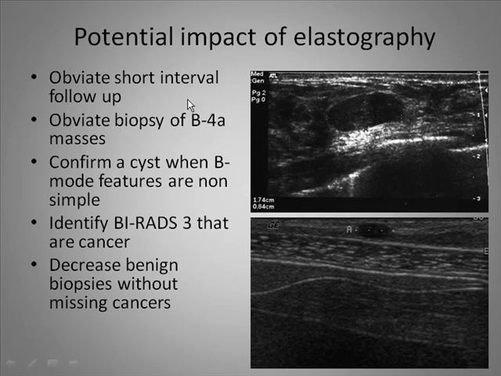And importantly, it could hopefully obviate biopsy of low suspicion masses, masses that we categorize as BI-RADS 4A. Those are lesions that have a 10% chance of being malignant. Additionally, for the many, many hypoechoic masses that turn out to be cysts, elastography could possibly confirm that a mass is a cyst without resorting to aspiration or biopsy.